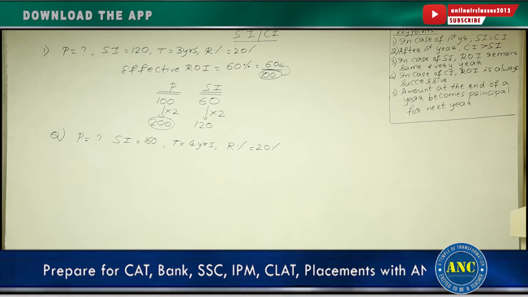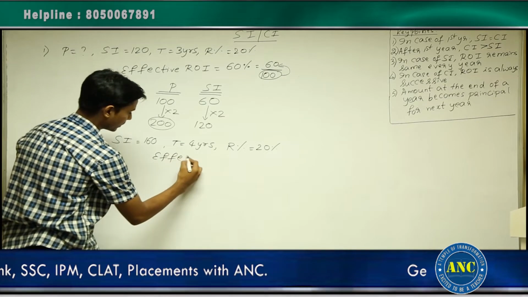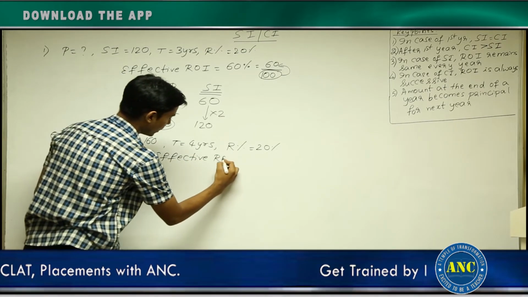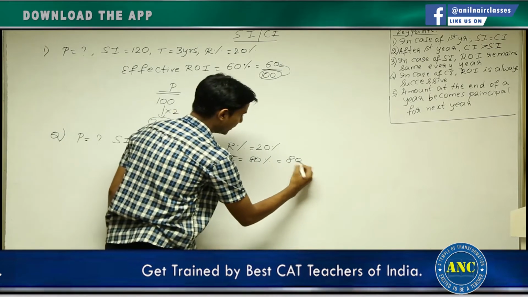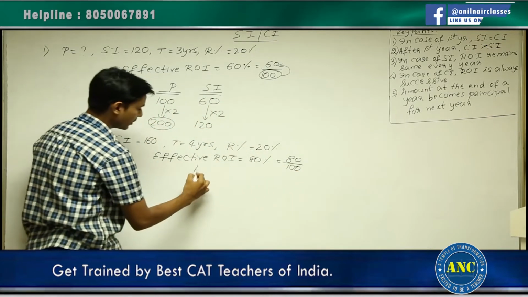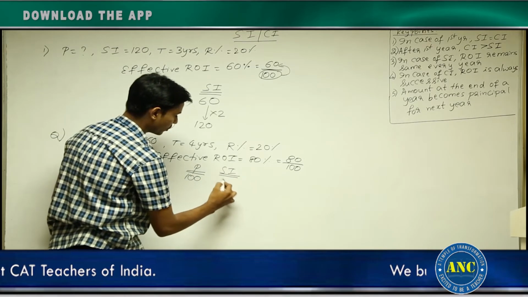We are still in level 1. So effective rate of interest is 80%, which is nothing but 80 by 100. That means if my principal is 100 rupees, I will give you an interest of 80 rupees.